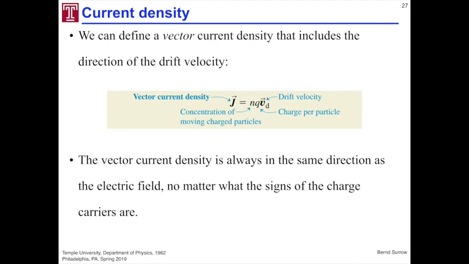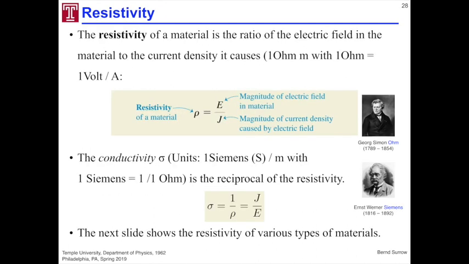So now imagine you have charge carriers flowing through a wire. They're not flowing without any resistance. There's a lot of stuff in there in a microscopic sense, namely other atoms, where they bounce against each other. And the underlying atomic structure will determine how easily or not easily these charge carriers can flow through a metallic material. To characterize this, you define the following ratio: the magnitude of the electrical field in the material divided by the magnitude of the current density.